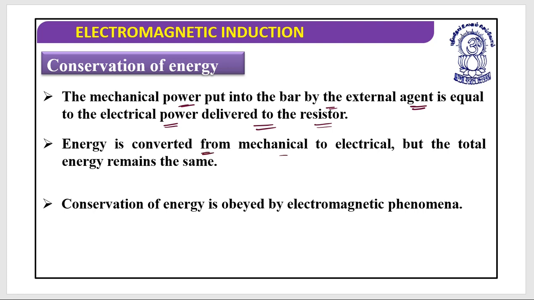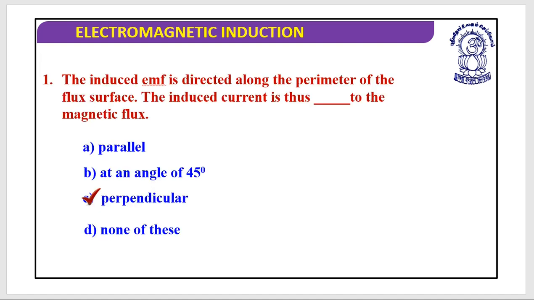Energy is converted from mechanical to electrical, but it is just a change in the form of energy, and the total energy should remain the same. Conservation of energy is obeyed by electromagnetic phenomena as well.